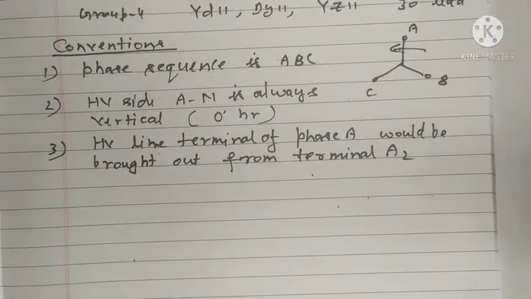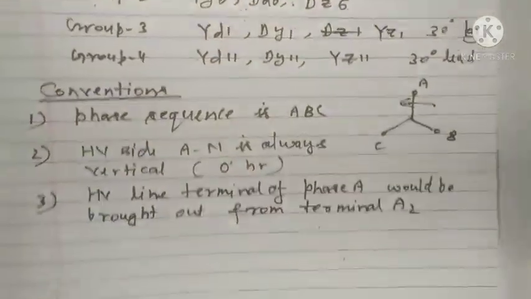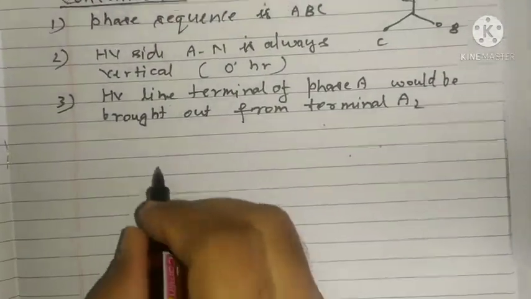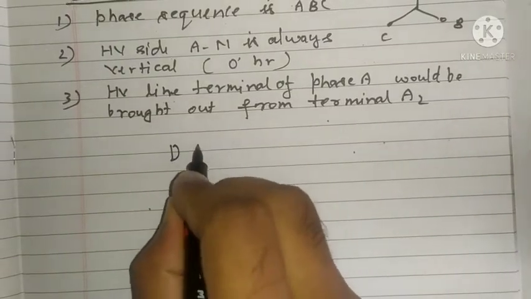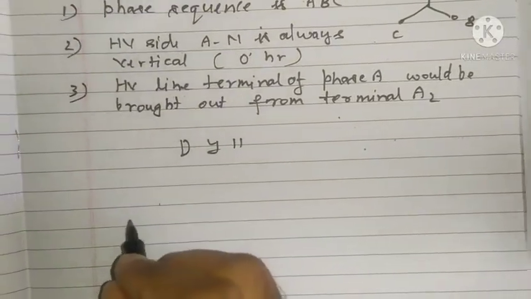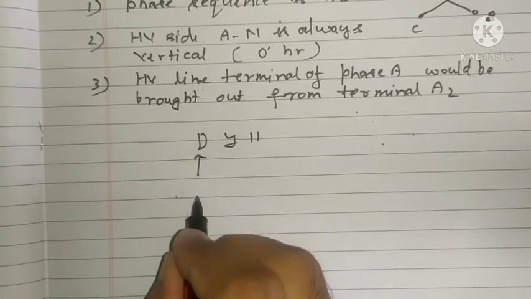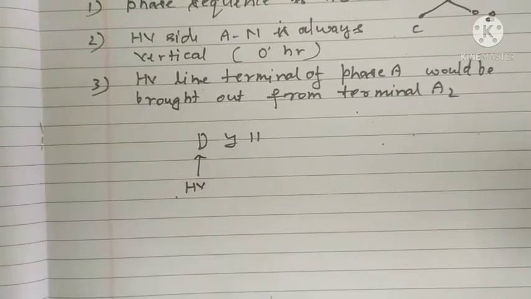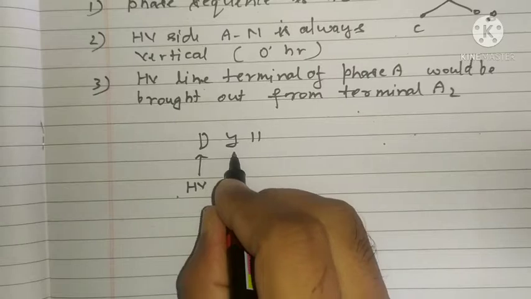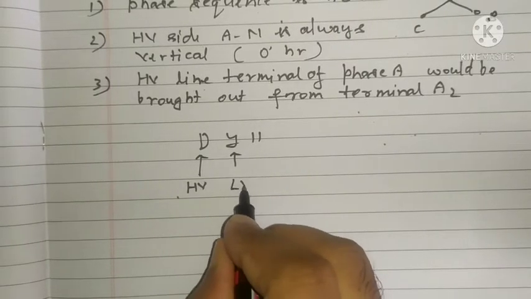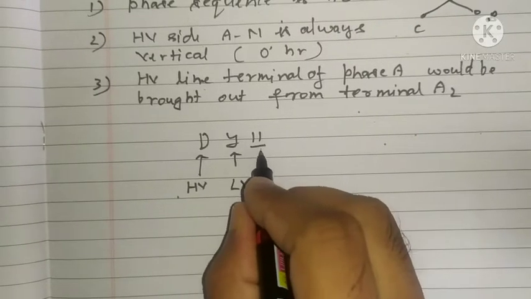And what are these connections? So let me take any one connection, say Dy11. So this capital D represents HV side and this small y represents LV side. And what does this 11 represent?